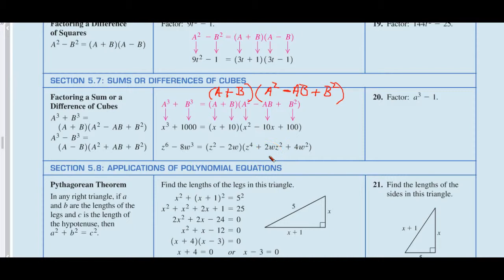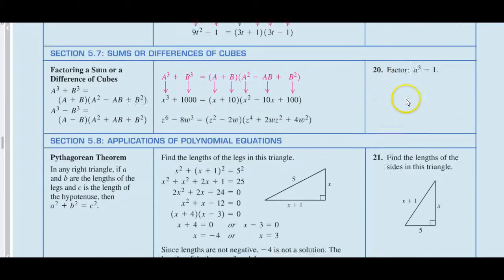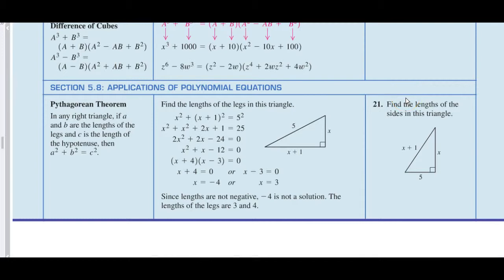Okay. And then the Pythagorean Theorem, which we went over and we said was a squared plus b squared equals c squared. And then here is an example of one, and it looks like it's a 3, 4, 5 here.